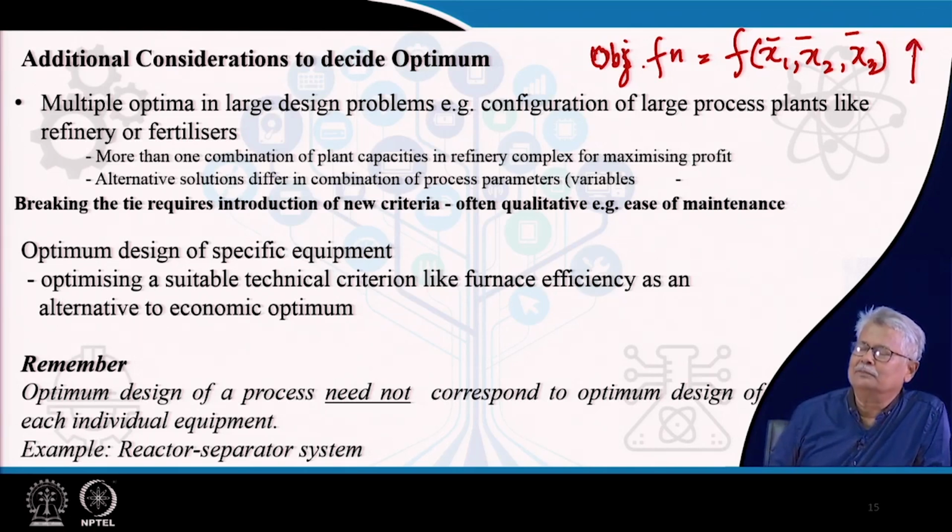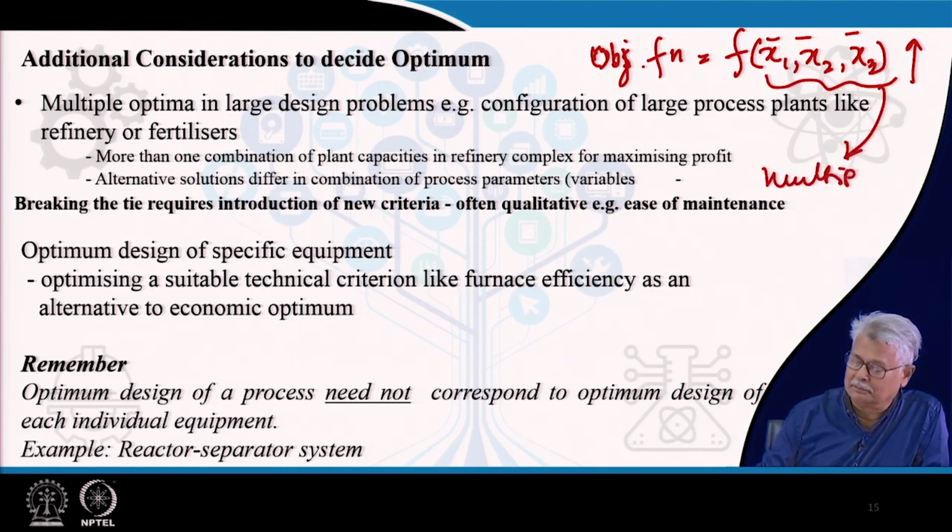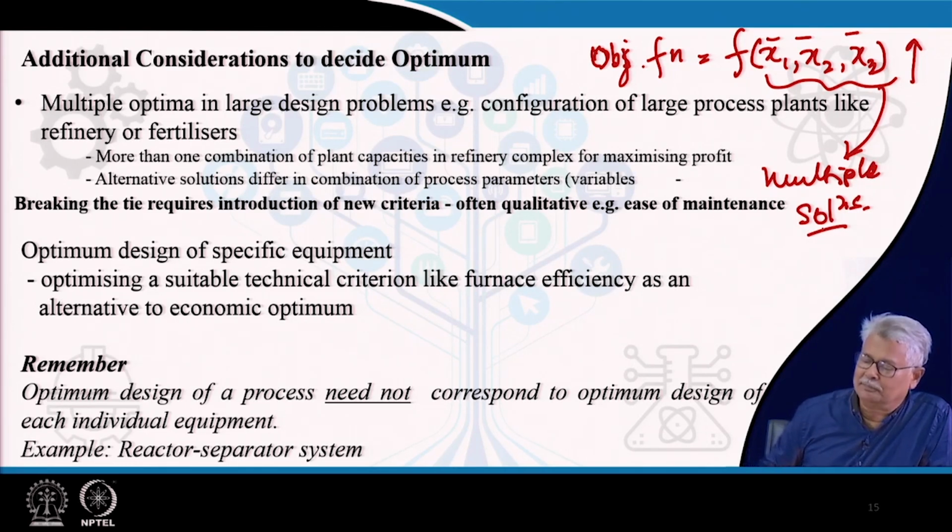Now we need to appreciate one more thing. When we have a large number of variables and a large number of constraining equations and inequations, you will always have multiple solutions. Now what does this multiple solution mean?